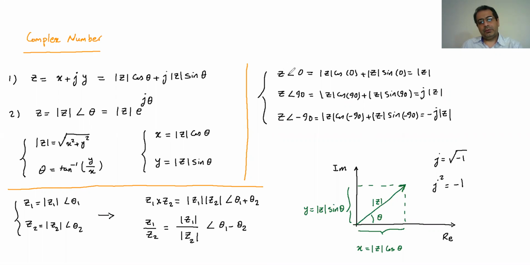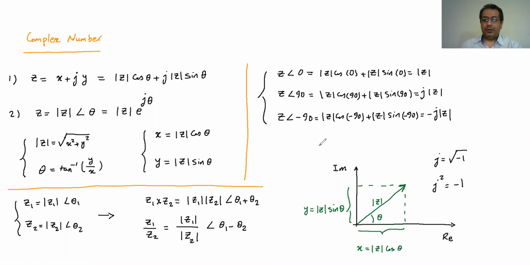These three formulas we will face a lot throughout our calculations. Z with the angle of 0: if theta becomes 0, we are on the real axis, so z with the angle of 0 is just z, the magnitude of z.